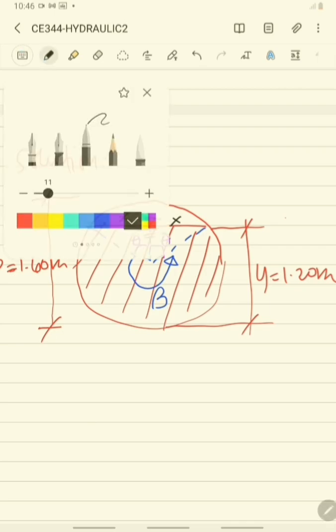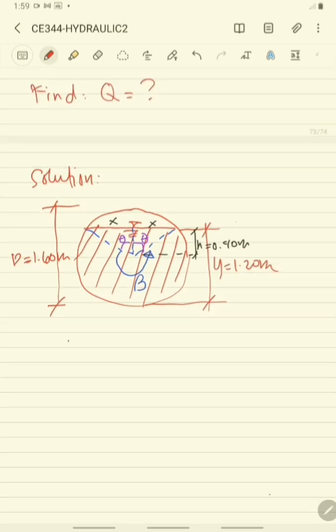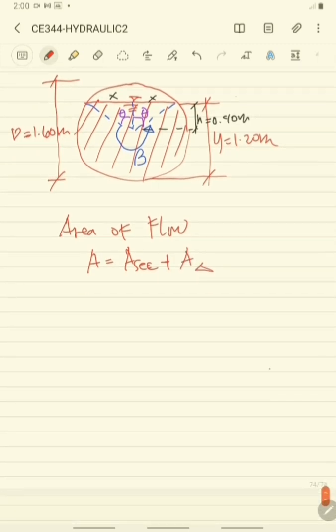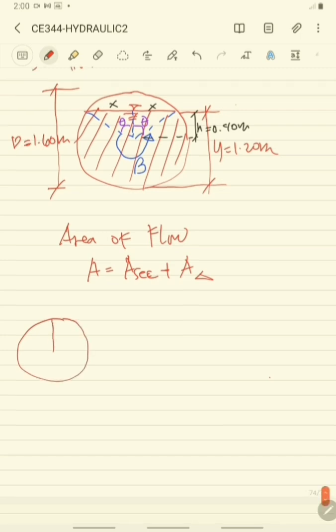Okay, so we can start now. The area of flow is equal to the area of the sector plus the area of the triangle. If you forget the area of the sector, we can compute it by getting the ratio of the area of the circle to the area of the sector with respect to their angles. A sector is just part of a circle.